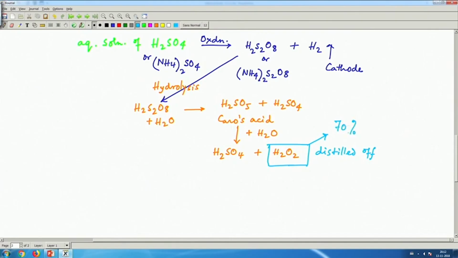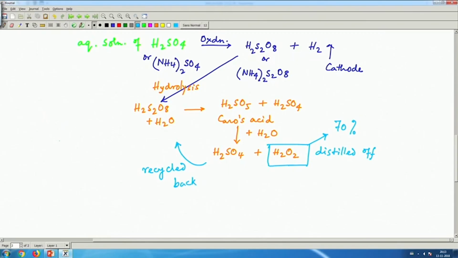It's a very useful technique where this can be utilized for the production of hydrogen peroxide, and the sulfuric acid that is produced can be consumed for some other purpose, or it can be recycled back to this aqueous solution of sulfuric acid that we have seen for this oxidation. So, it can be recycled back.